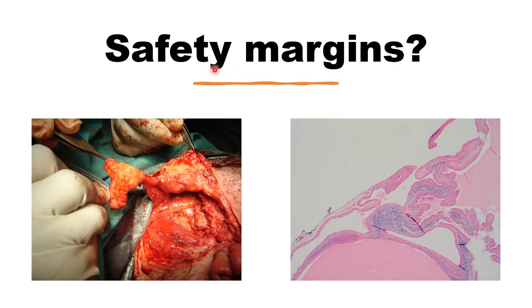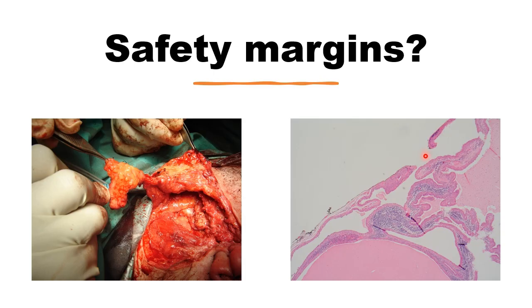How much is the safety margin? The resected normal tissue of the parotid gland around the tumor? Not much at all, in the extracapsular dissection or in the hemi-superficial parotidectomy, removing half of the superficial lobe. The main thing is to remove the tumor within its capsule.